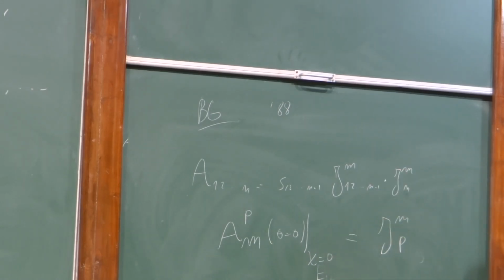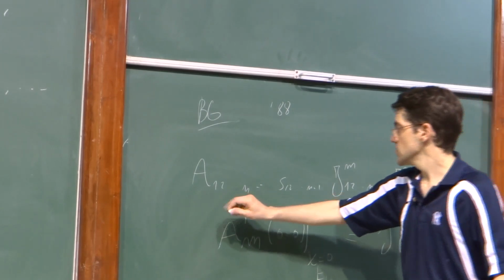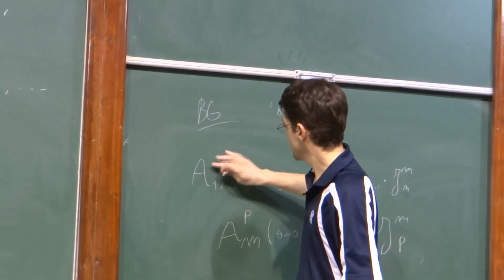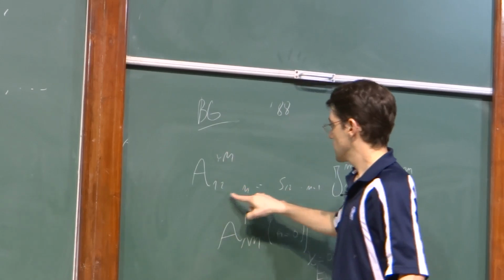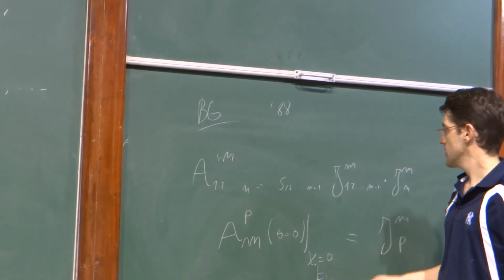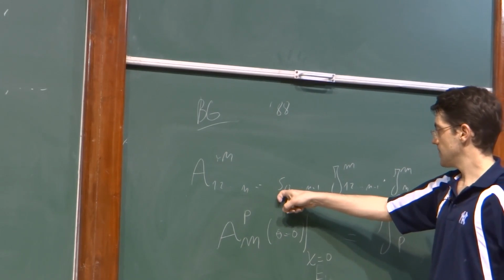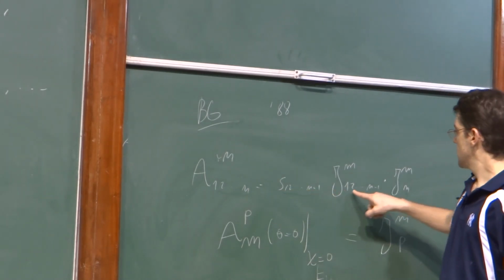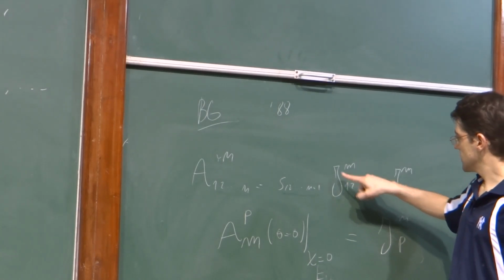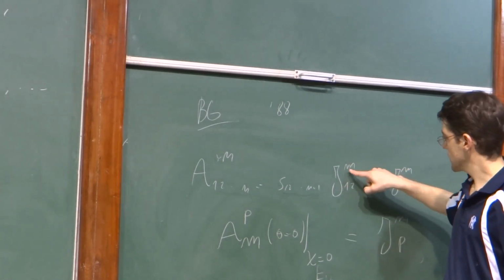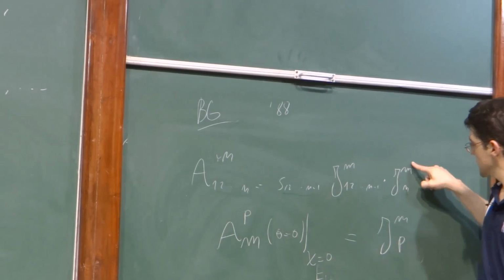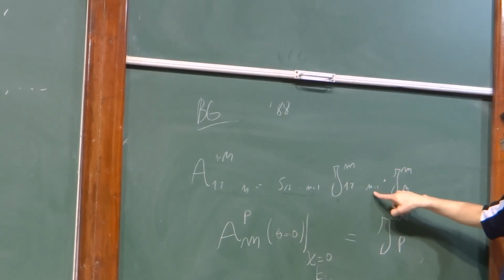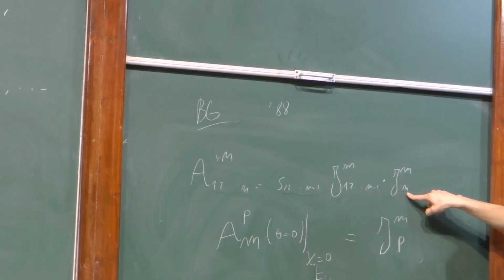What is that first line, A of 1 to n? This is the Yang-Mills amplitude, not super Yang-Mills. With this color ordering, it's given by a Mandelstam variable with n minus 1, multiplied by the Berends-Giele current with a vector index m contracted here, and then the labels 1, 2 to n minus 1 and a label n.